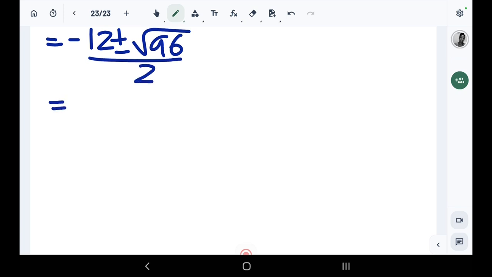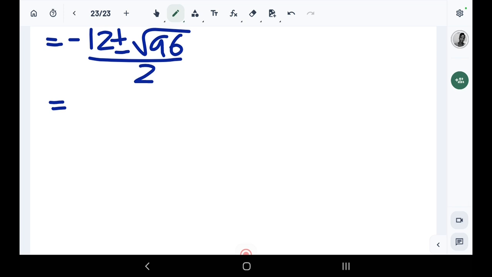Okay, using the fraction button, negative 12 plus the square root of 96, down arrow, 2.